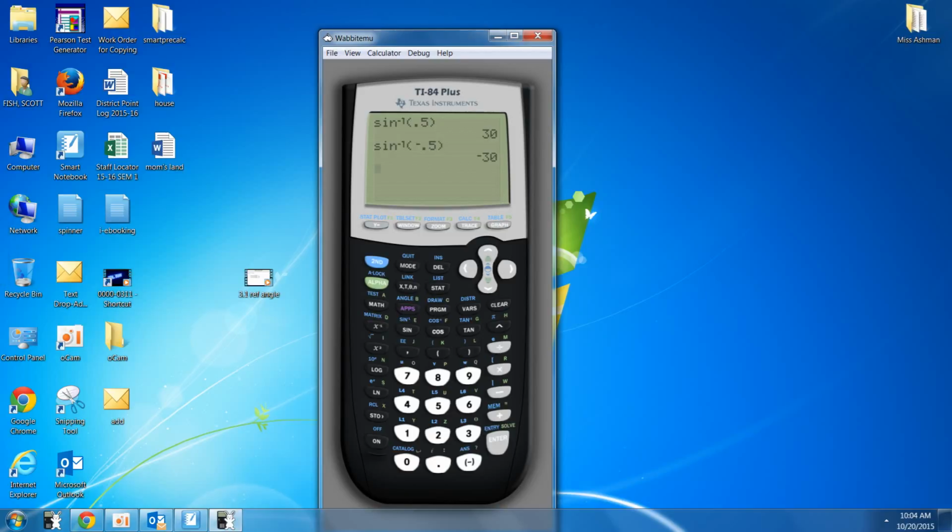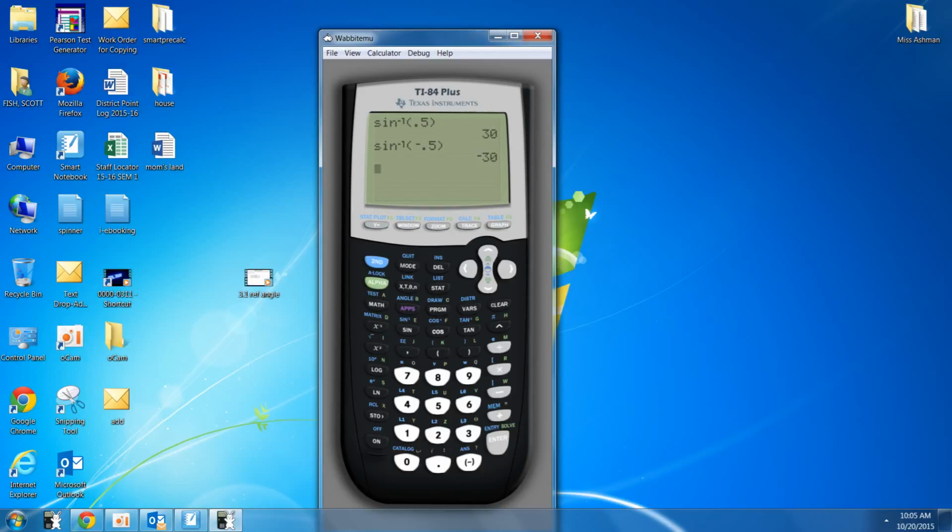If I think about the reference angle, where the sine of the reference angle equals 0.5, my reference angle actually is a positive 30. Reference angles are always positive. Reference angles are going to be the angle formed by the terminal side and the x-axis, either positive or negative. So far, if I'm looking at using the inverse function on my calculator, it looks like it's giving me my reference angle, except it could be negative in some cases.